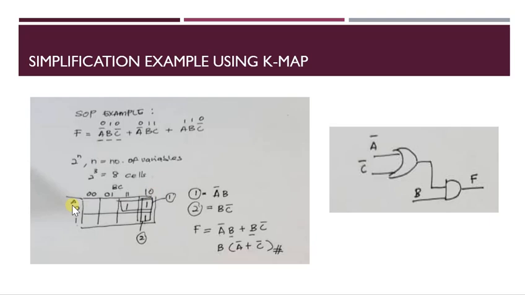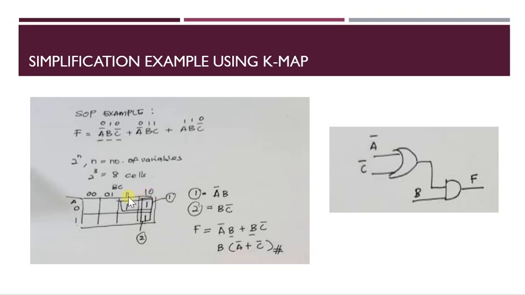A is only one variable, so there are only two values, 0 and 1.